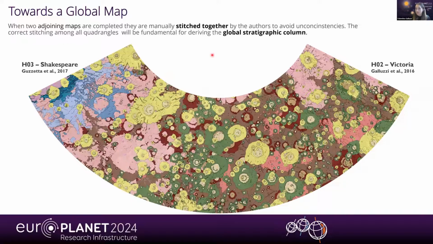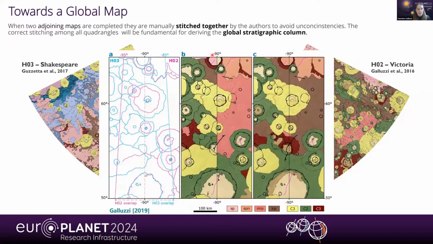Of course, we have to discuss. As you can see from here, in this case, the contacts were pretty different, and also the units were different. For example, the author on the right, that was myself, decided that these were intermediate plains, and the author on the left decided that these were intercrater plains.